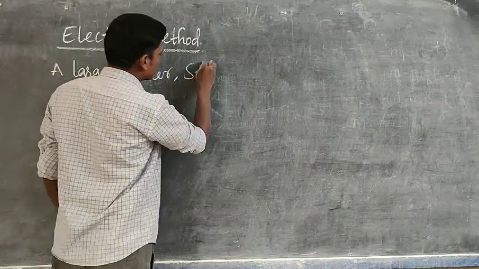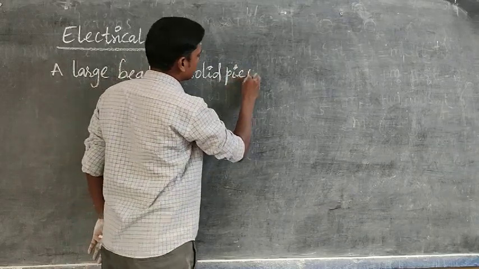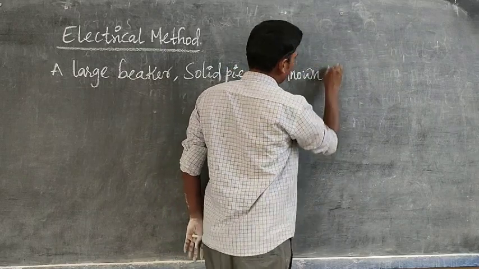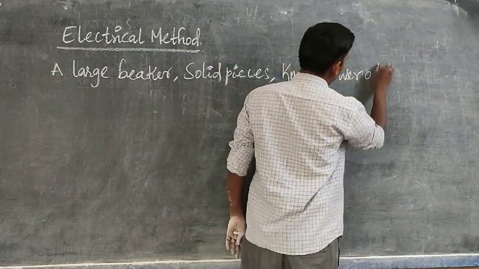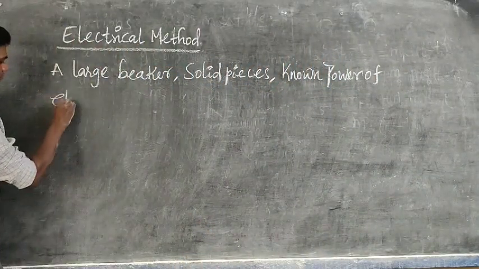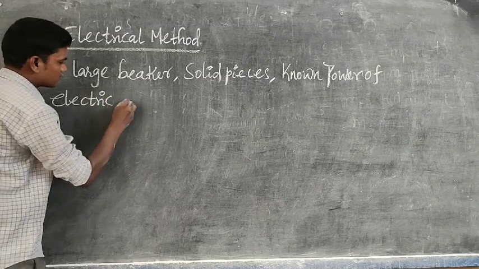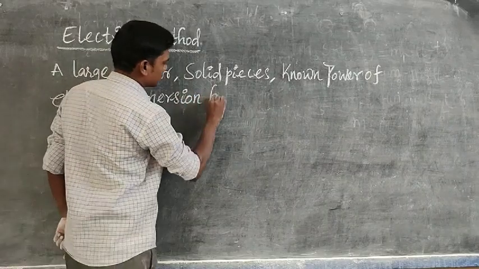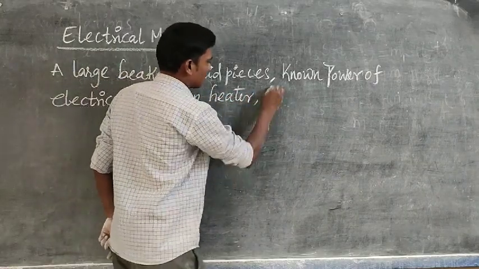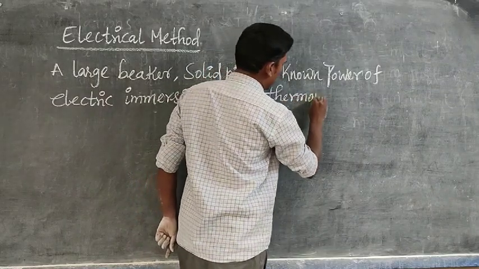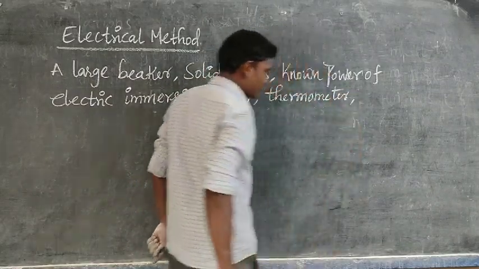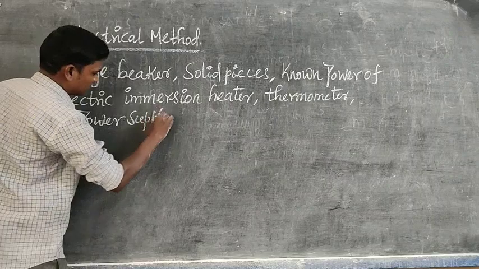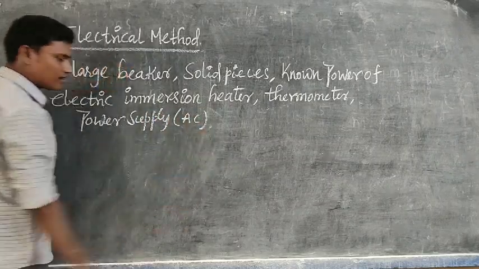Next, solid pieces. Next, a known power electric immersion heater, a thermometer, and a power supply, which is nothing but AC, alternating current.